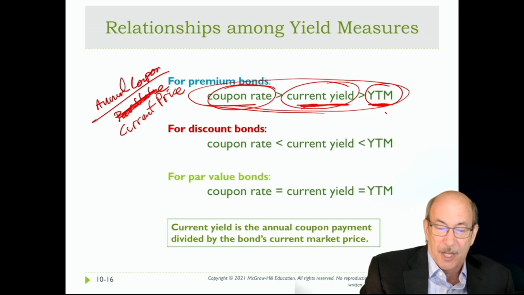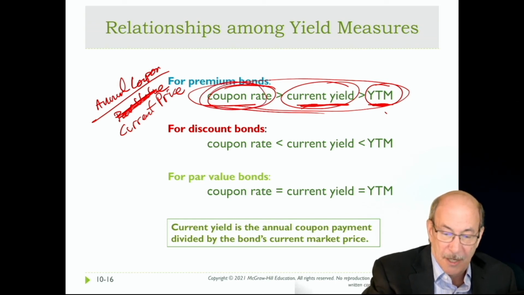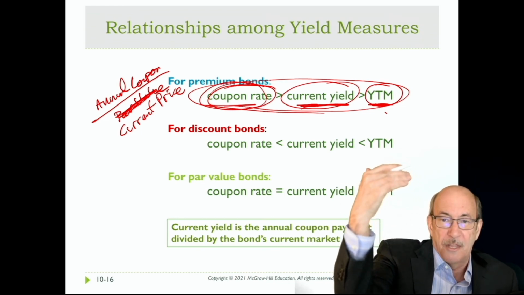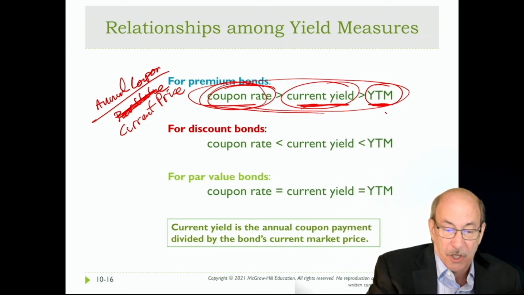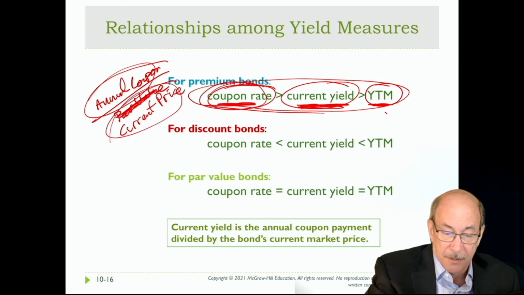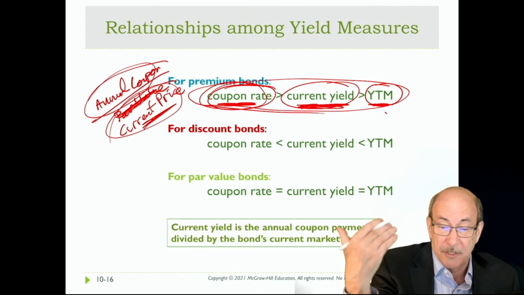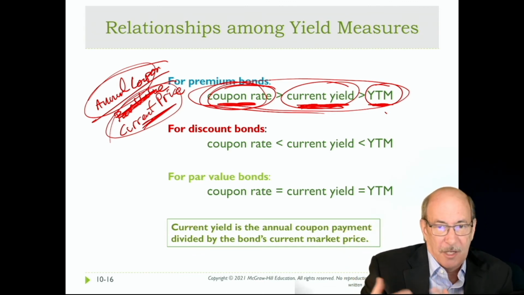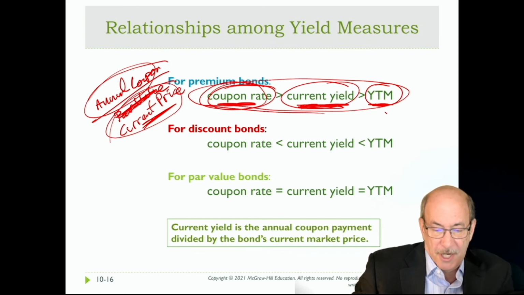But think about it: when we have a bond that's selling at a premium, the price is greater than the face value. Clearly, the annual coupon is constant, so the only difference between coupon rate and current yield is the denominator. If it's a premium bond, that current price is a bigger number, so that's going to make current yield smaller. That's how I think of it. The reverse is true for the discounted bond.